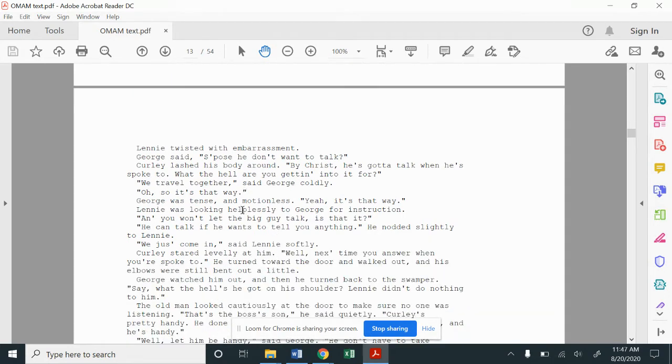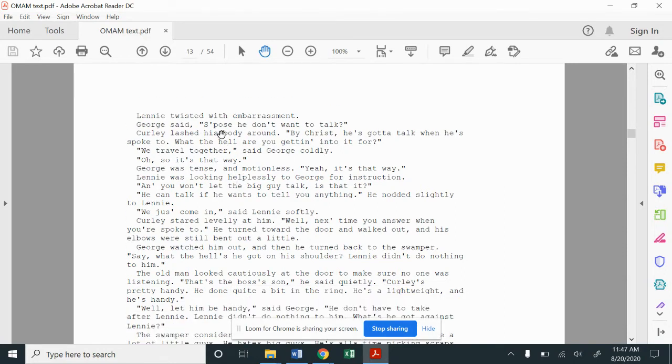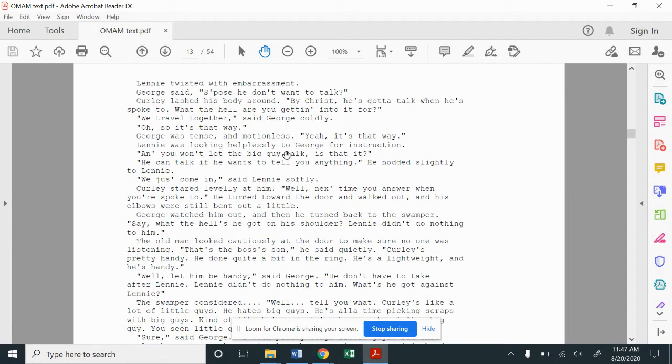So here, George says, "Suppose he don't want to talk," and they begin to get in an argument. So you'll see the part here. "We traveled together," said George. "Oh, so it's that way?" George was tense and motionless. "Yeah, it's that way." Lenny was looking helplessly to George for instructions. "You won't let a big guy talk, is that it?"